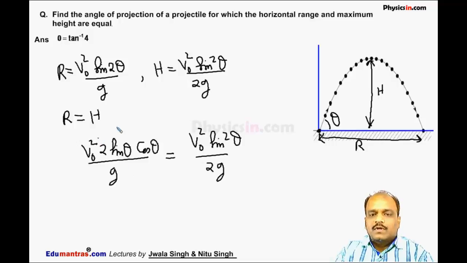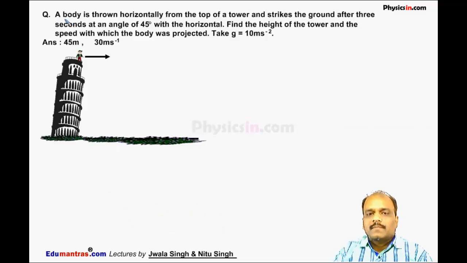So this V0 square will cancel out, this g will vanish, and sin theta and sin theta will cancel. We get tan theta equal to 4, or theta is equal to tan inverse of 4. This is the answer.